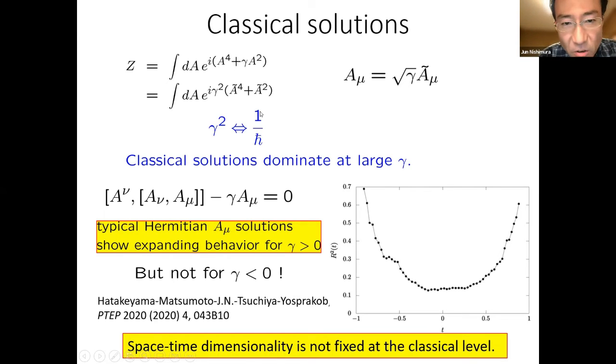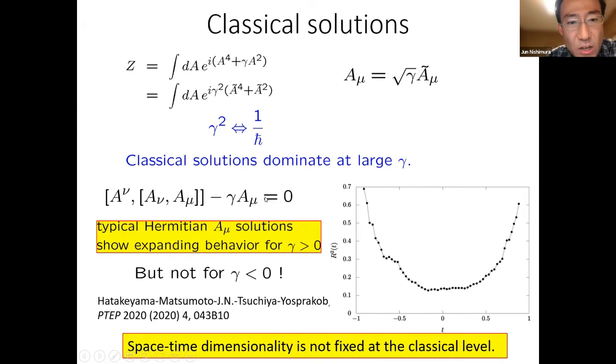Gamma squared corresponds to 1 over h bar. So at large gamma, you get h bar going to 0. That means classical. So at large gamma, the classical solutions dominate, and then you can write down the classical equation of motion, which looks like this. This comes from the IKKT action, and this comes from the Lorentz invariant mass term.